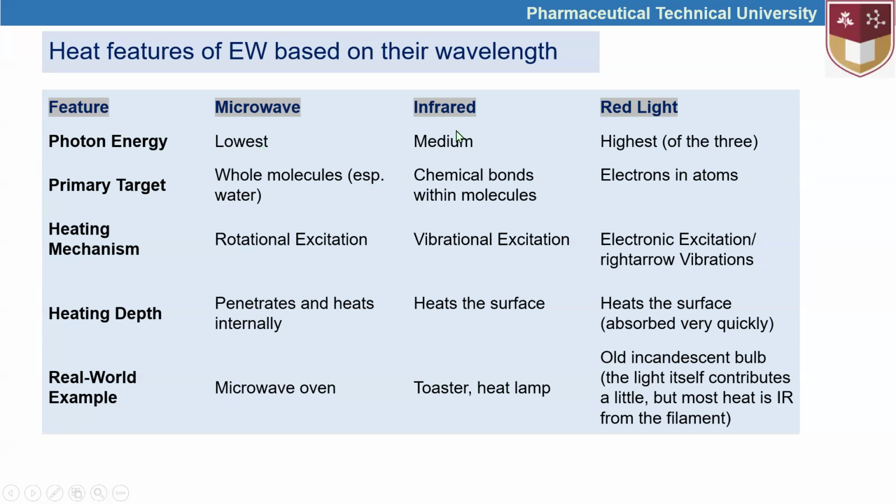Infrared is of medium photon energy, and the red light has the highest photon energy compared to microwaves and infrared. Based on this, they have different heat features as well.